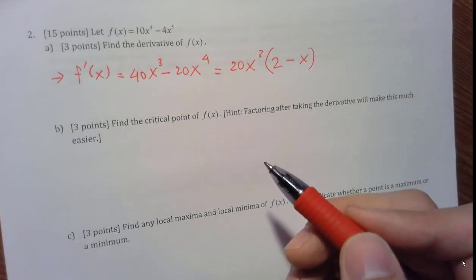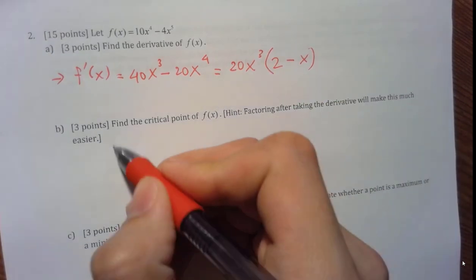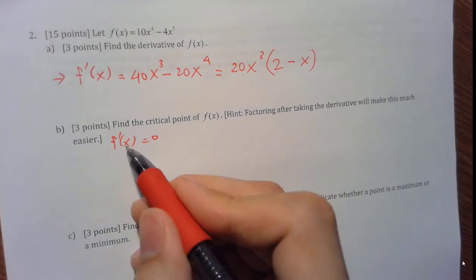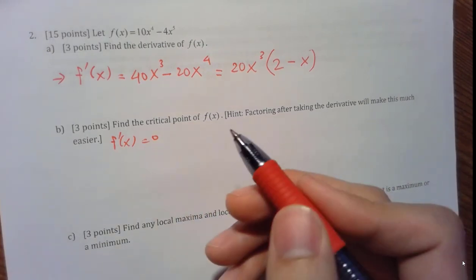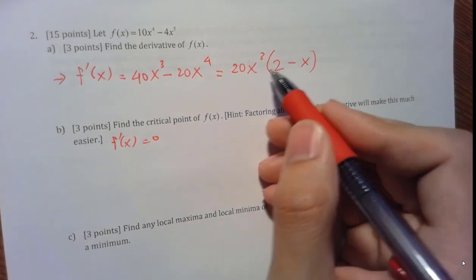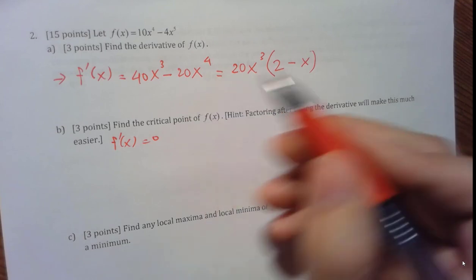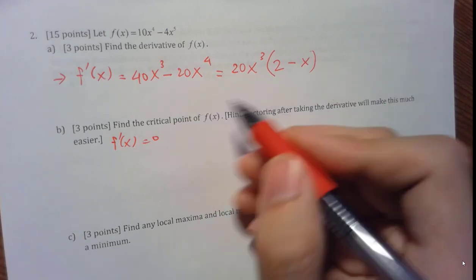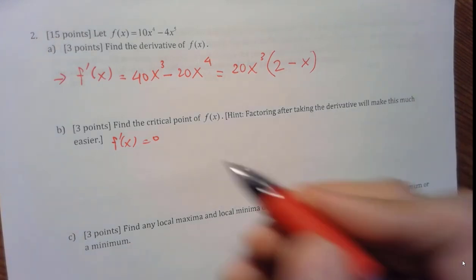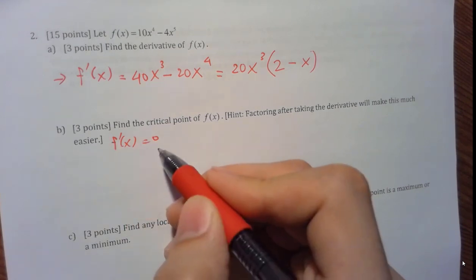So to find them, I set f prime to 0, or find where f prime is undefined, and solve for x. In this case, this is just a polynomial, so it's defined everywhere. There's no restriction, so the only requirement is to find the values that make f prime equal to 0.